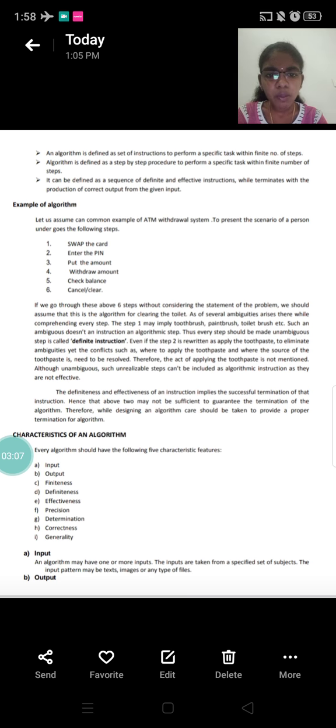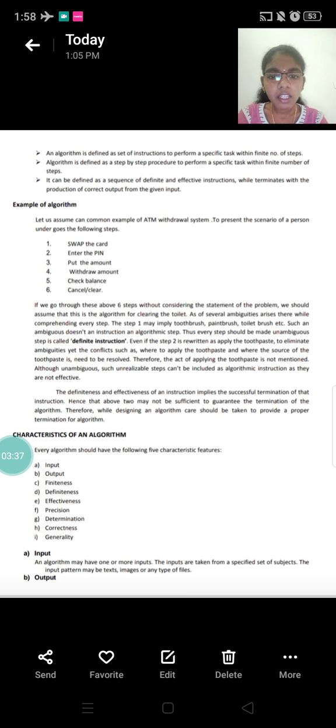Even if step 2 is rewritten as apply the toothpaste to eliminate the ambiguity, conflicts such as where to apply the toothpaste and where the source of the toothpaste is need to be resolved. Therefore, the act of applying the toothpaste is not effective. Although unambiguous, such unrealizable steps cannot be included as algorithmic instructions as they are not effective.